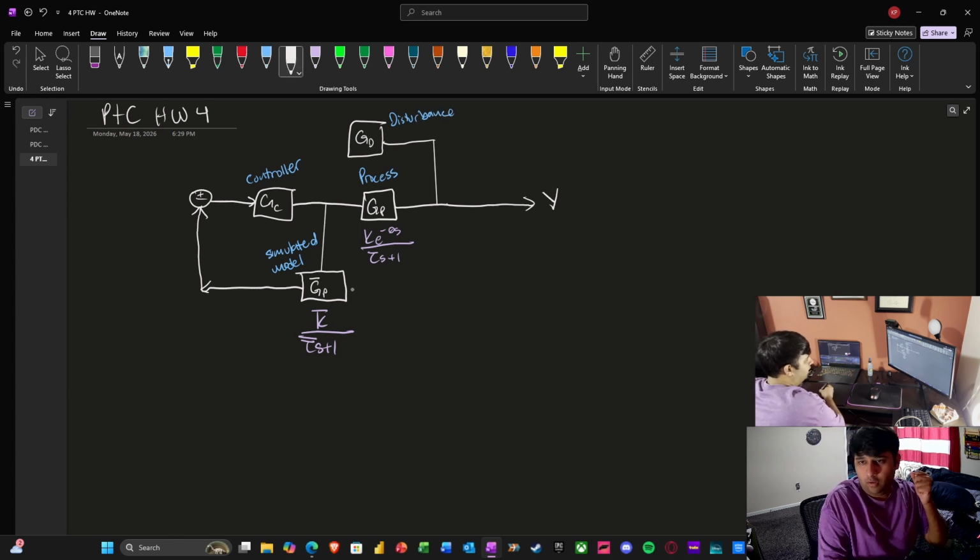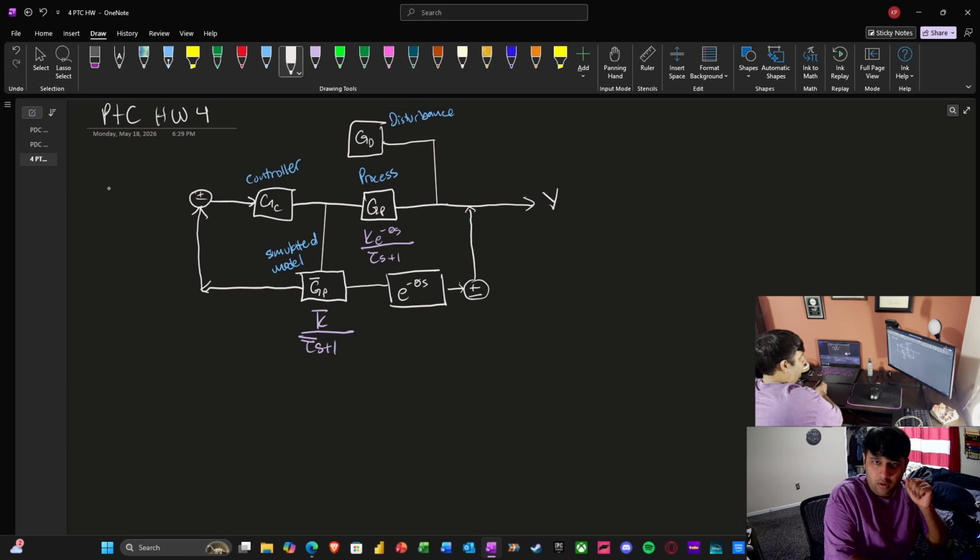And to simulate our dead time, we're going to have our e to the negative theta s component, which is going to be hooked to a controller, or directly attached.